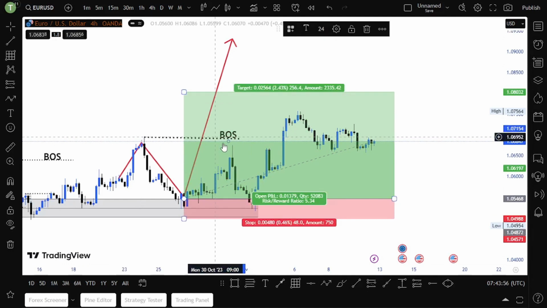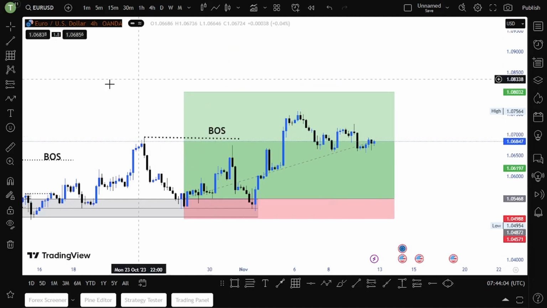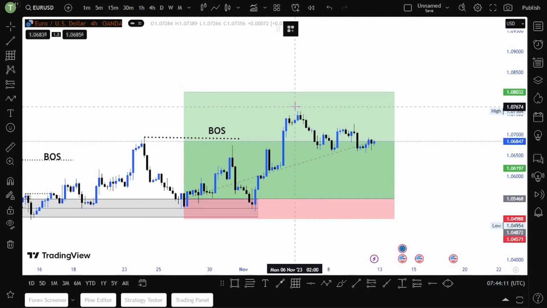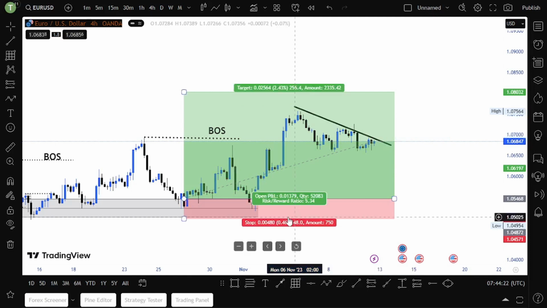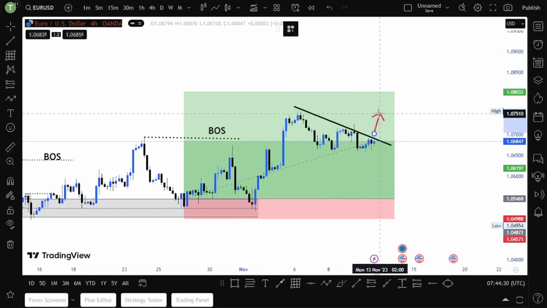So now we are expecting the Euro USD to go up. Once we break out of this consolidation, let me just draw a small trend line here. Once we break out, then we would proceed to the upside. Once we break out and get a bit of a retest, then it will continue.